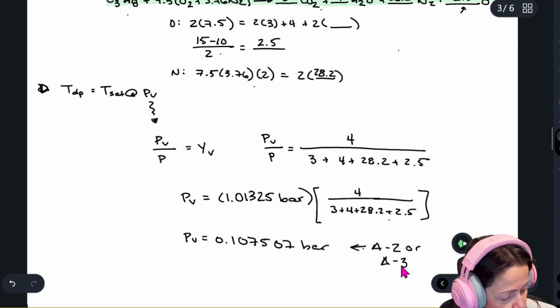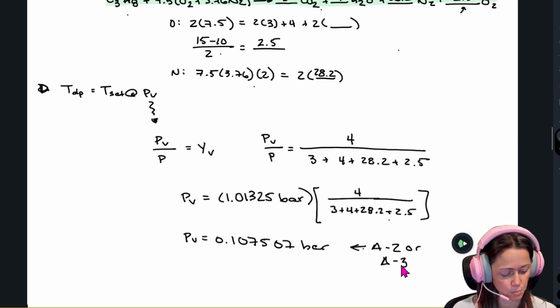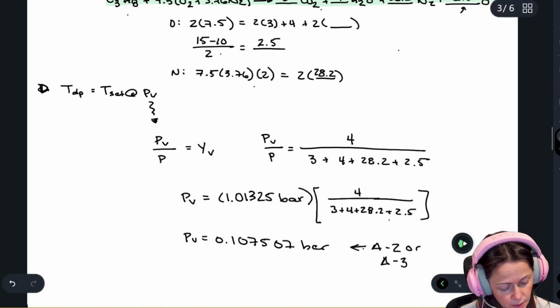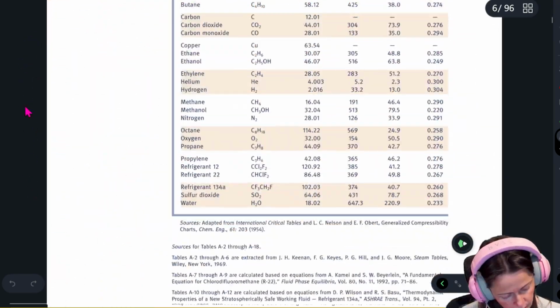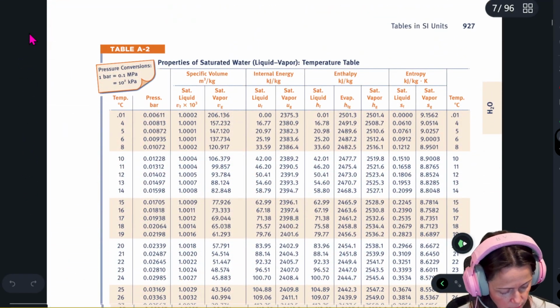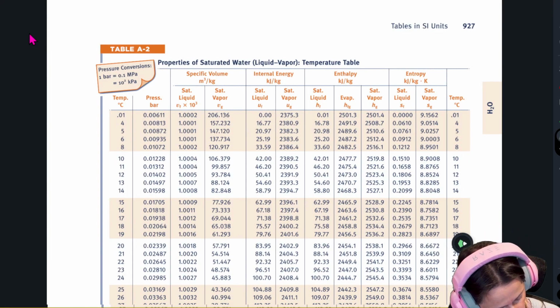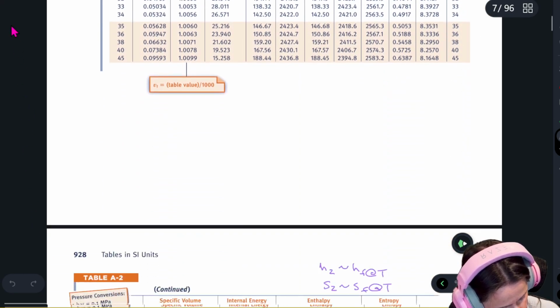You could look in table A3. It doesn't really matter. Same information contained in both places. We're just trying to get what is the saturation temperature at this P_V. So 0.1 and change. I looked in A2.